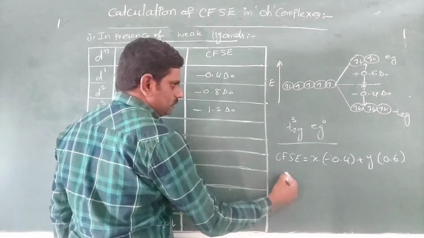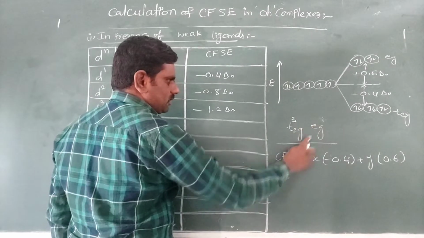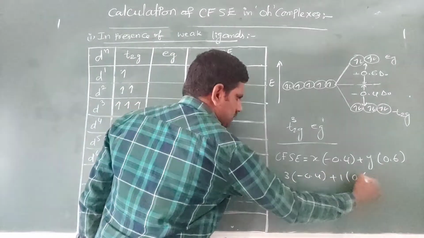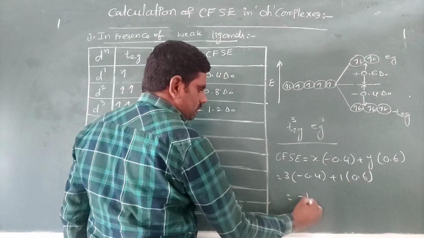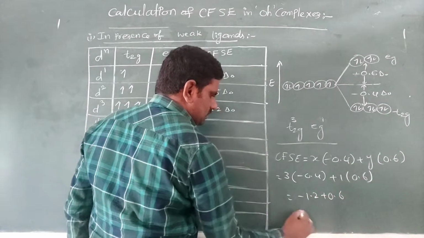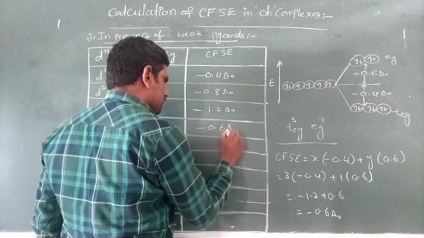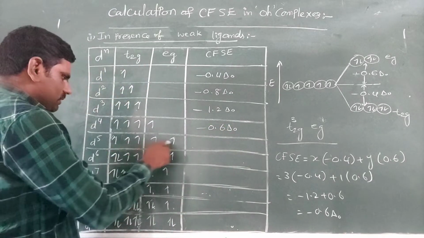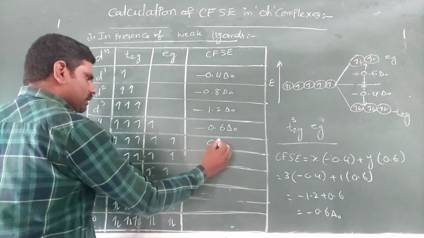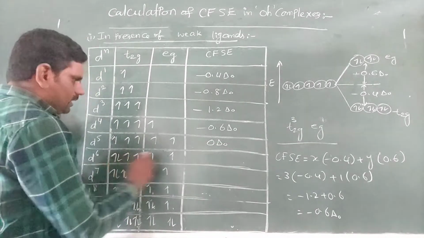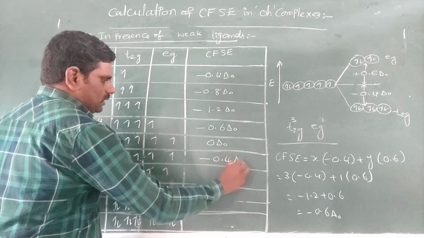So 3 into minus 0.4 plus 1 into 0.6. How much? Minus 1.2 plus 0.6, that equals minus 0.6 delta naught. And now students, 0 delta naught comes. You have to calculate it. And now minus 0.4 delta naught.